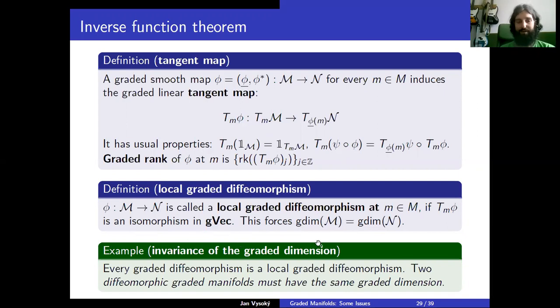And this is one of the questions Vitek asked last time. So in fact, every graded diffeomorphism is a local graded diffeomorphism, which follows trivially from these composition rules. And therefore, two diffeomorphic graded manifolds must have the same graded dimensions. So for example, if there are two graded domains of different graded dimensions, they cannot be graded diffeomorphic. So this graded dimension is really an invariant in my category.